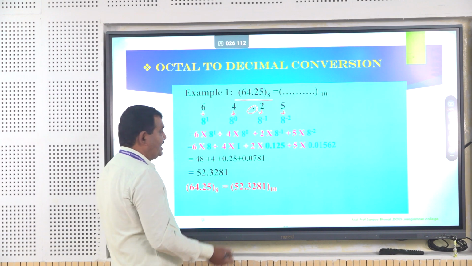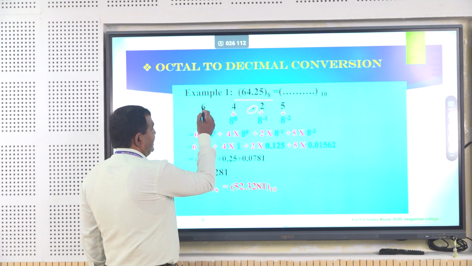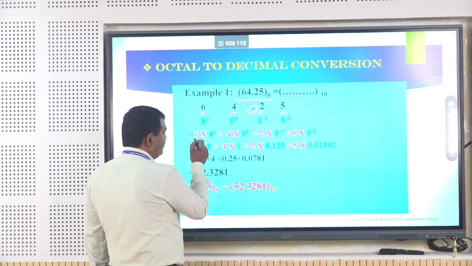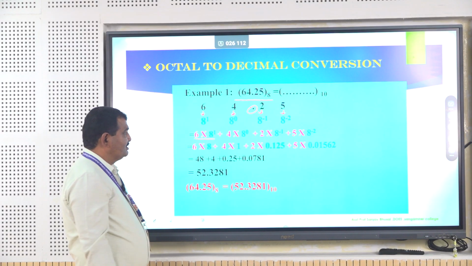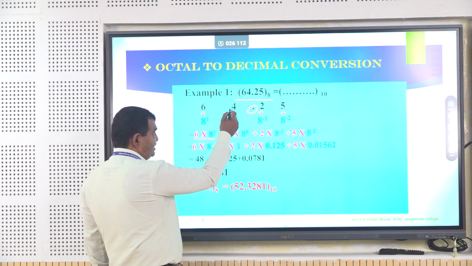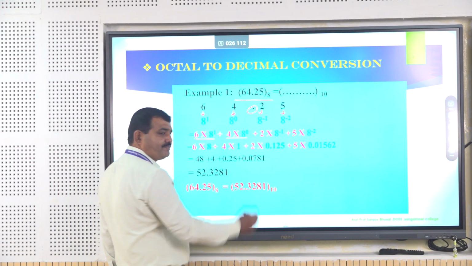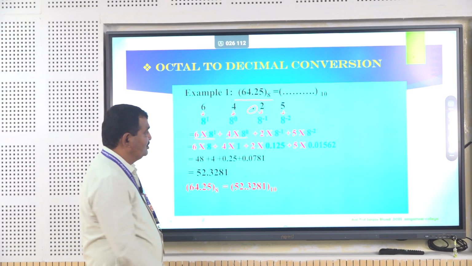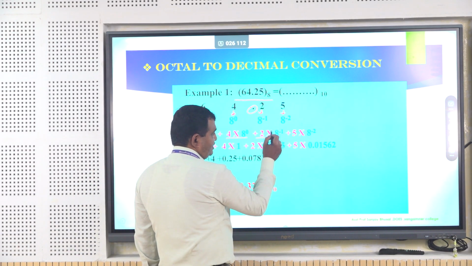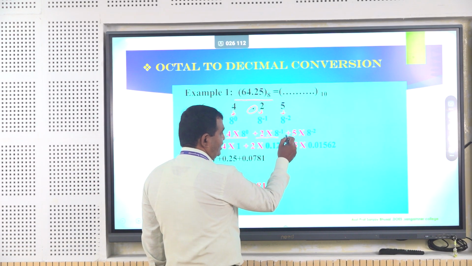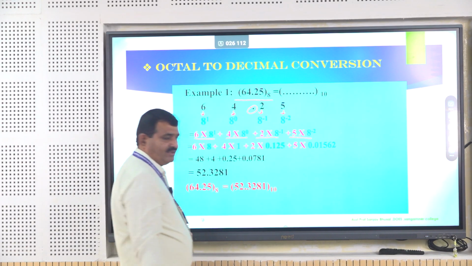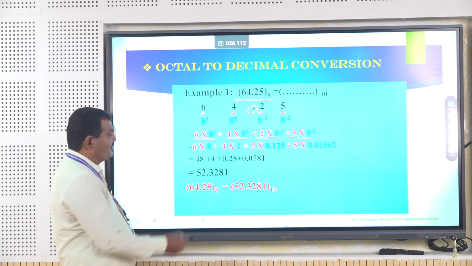So, from this we can write the weight of sum equation as digit into positional value. First term becomes 6 into 8 raised to 1 plus the next digit into positional value as 4 into 8 raised to 0 plus 2 into 8 raised to minus 1 and the last term is 5 into 8 raised to minus 2.